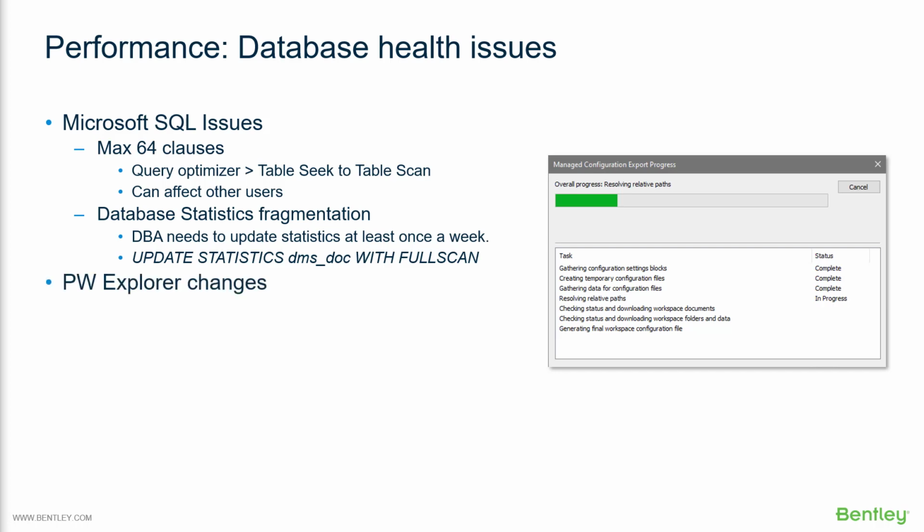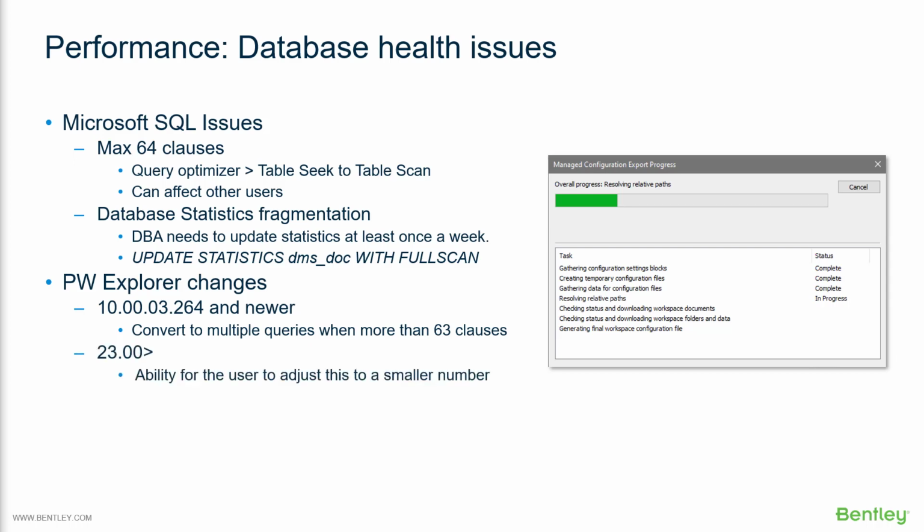As these issues have been identified, ProjectWise Explorer has been improved to avoid these conditions. In version 10.0.3.264, ProjectWise Explorer began subdividing the query statements into multiple queries if the number of clauses exceeded 63.